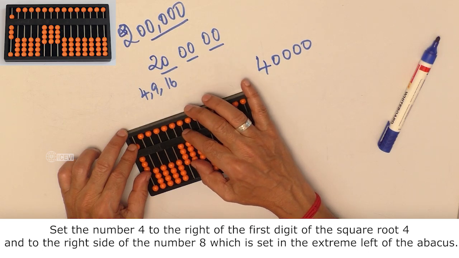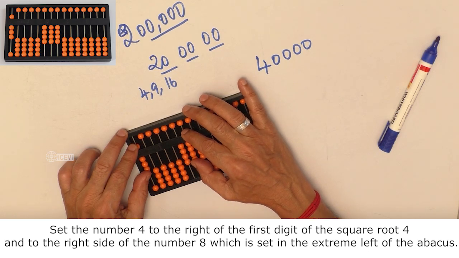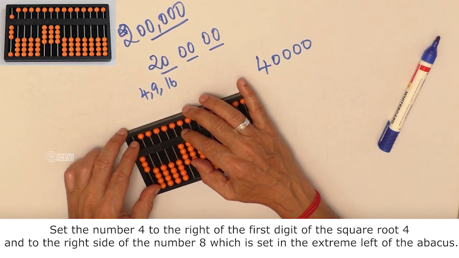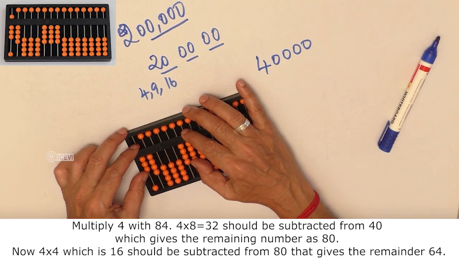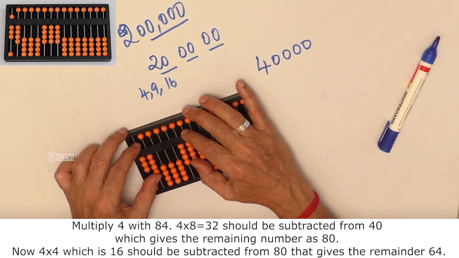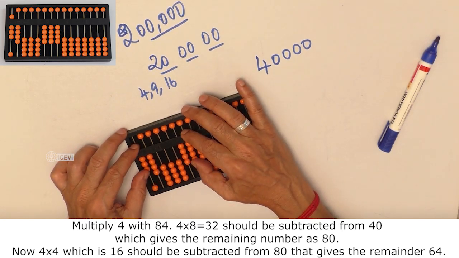Set the number 4 to the right of the first digit of the square root 4 and to the right of the number 8, which is set in the left extreme of the abacus. Now multiply 4 with 84. That is 4 multiplied with 8, that is 32.